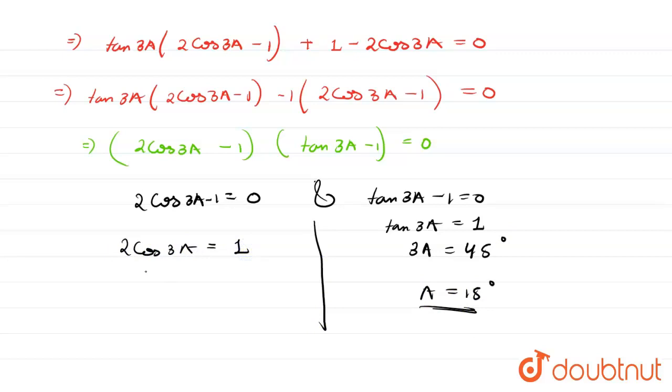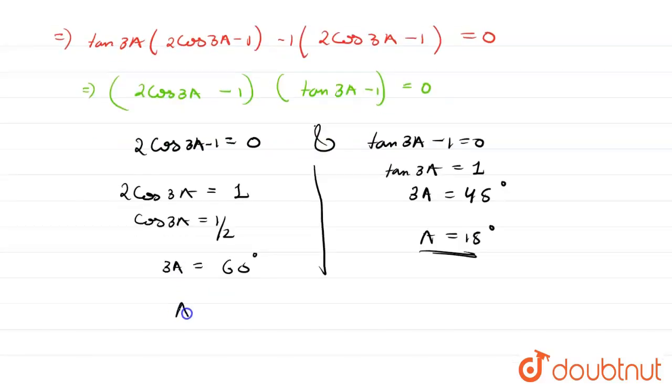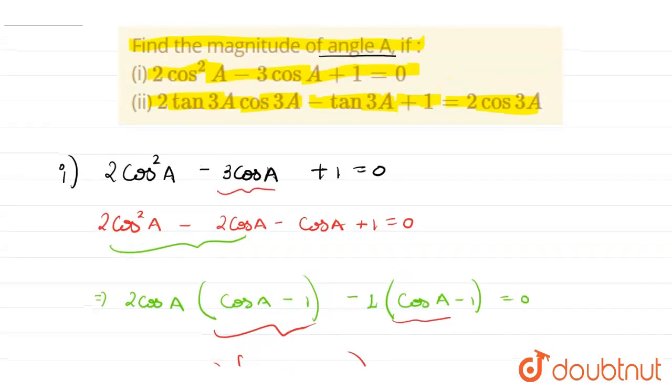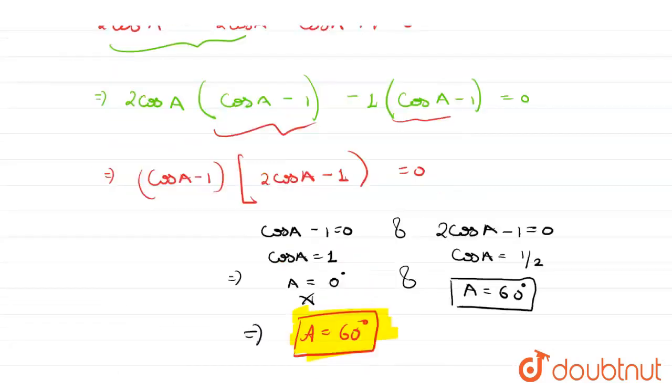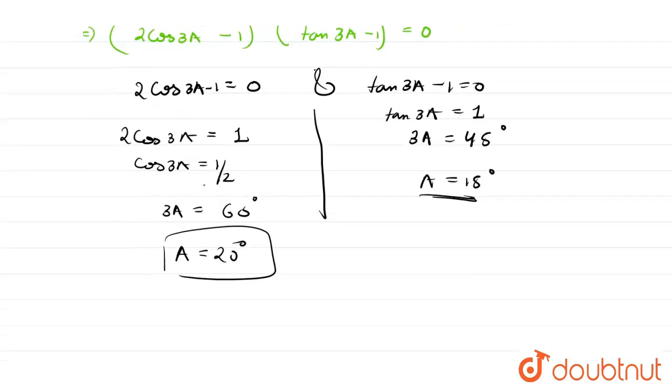So from here cos 3a will be equal to 1 by 2. 3a will be equal to 60 degree. So this can also be a is equals to 20 degree. But we have been given the magnitude of angle A. So this angle 20 will not hold in the equation and only 15 will hold. So here A is equals to 15 degree.